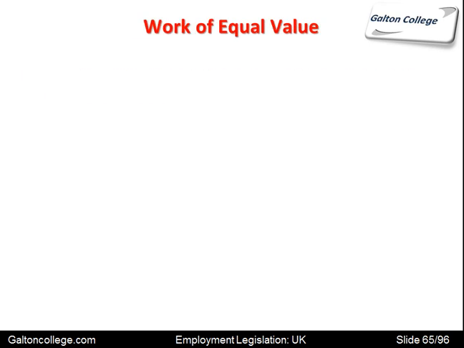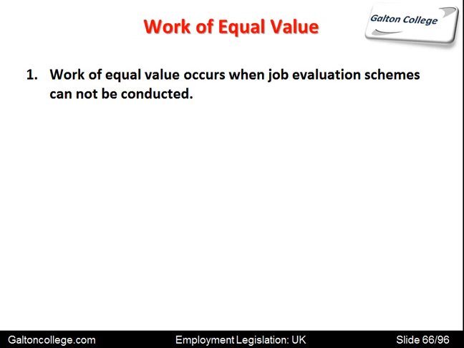Now, work of equal value. The work of equal value occurs when job evaluation schemes cannot be conducted. Sometimes it's difficult to work out exactly what people are doing. Sometimes tasks are somewhat confused. Somebody is doing a particular task, but they're also undertaking a separate task as well.